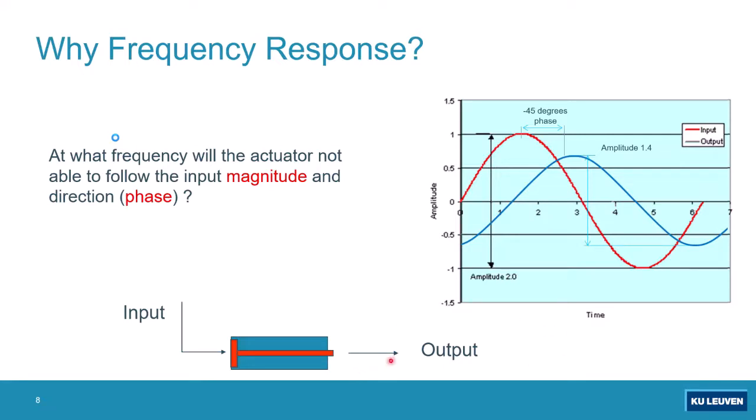For instance, as an illustration, again here I have a piston. I give a certain input where the input has a certain frequency here.